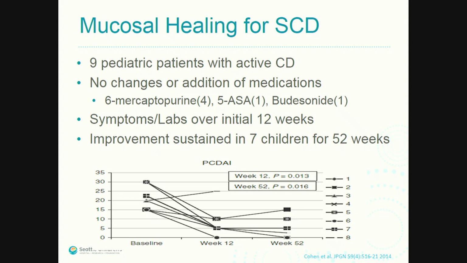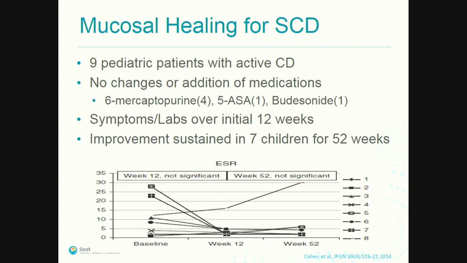And what they noted was that individuals, just like what we saw, improved, and that the majority of individuals maintained that improvement over the full 52 weeks based on clinical score. Also, their inflammatory markers improved significantly over the first 12 weeks, and for most of them maintained that improvement over the full year.